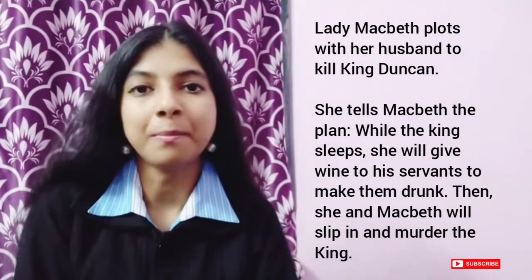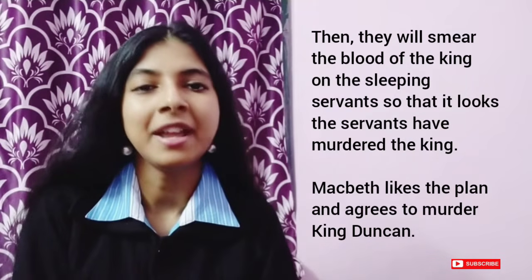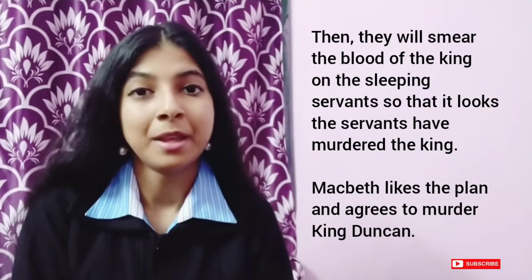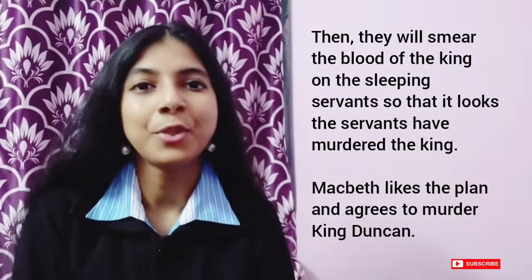Then they will smear the blood of the king on the servants so that it looks like the servants of King Duncan have murdered him. Macbeth loves her brilliant plan and agrees to kill King Duncan.